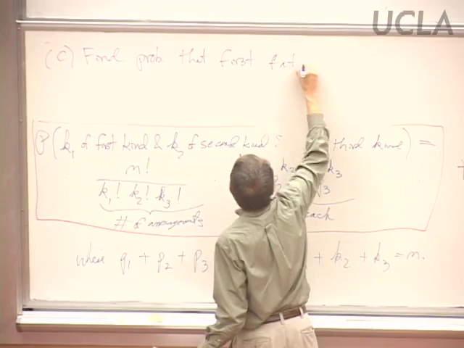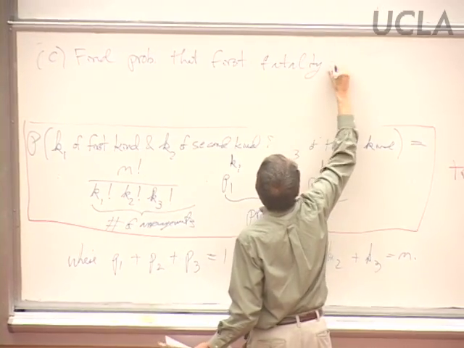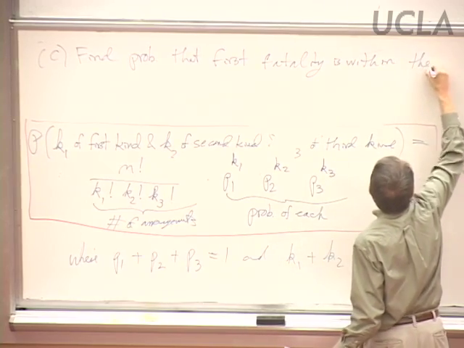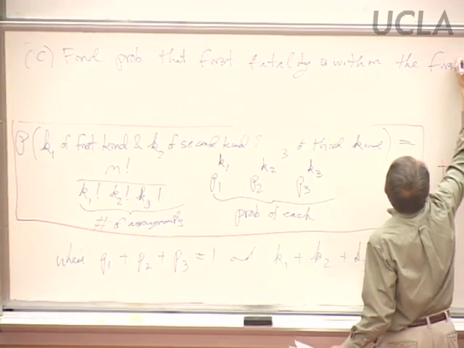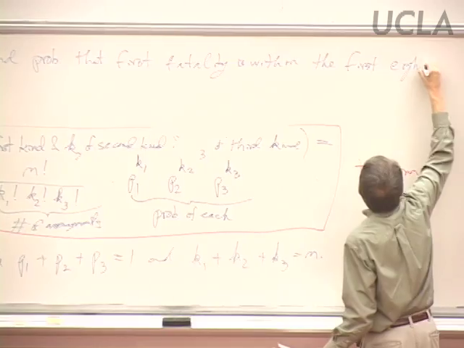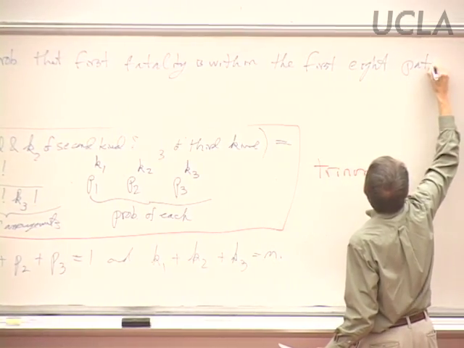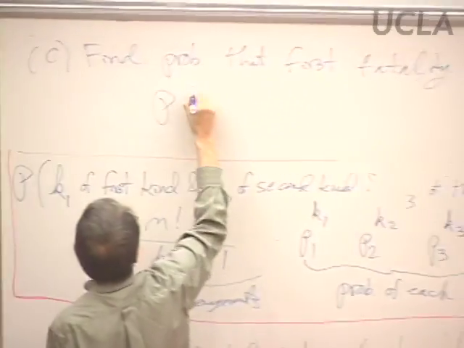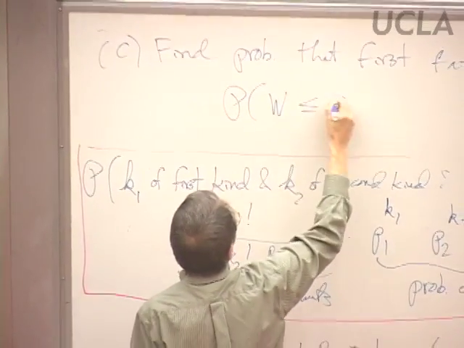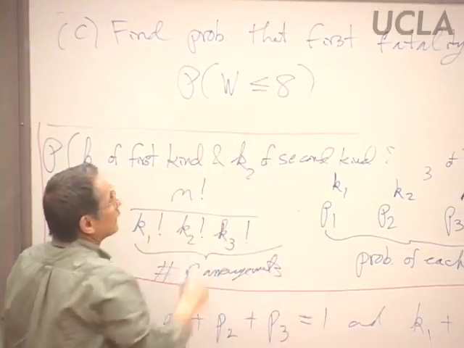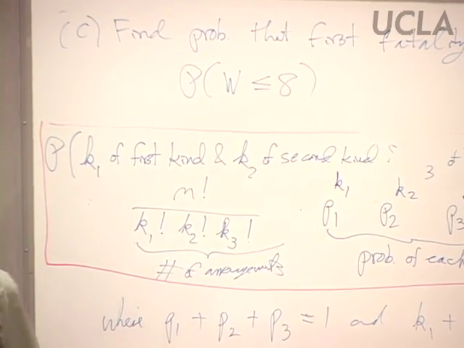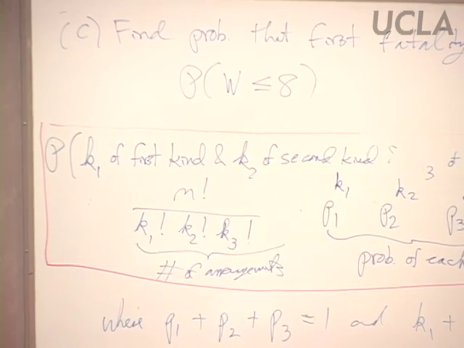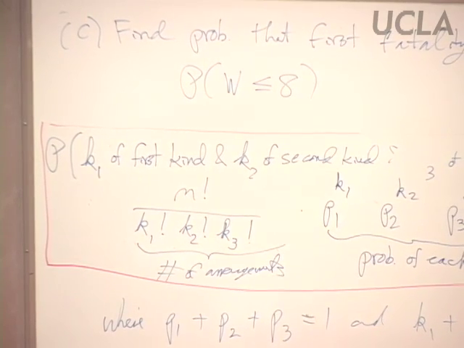First fatality somewhere in the first 8. So in symbols, that means the waiting time is 8 or less. Somewhere in those first 8, we had the first fatality.